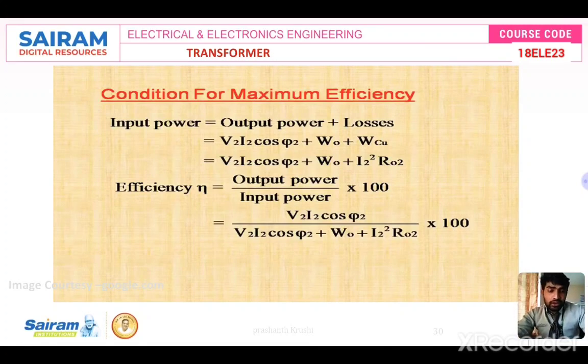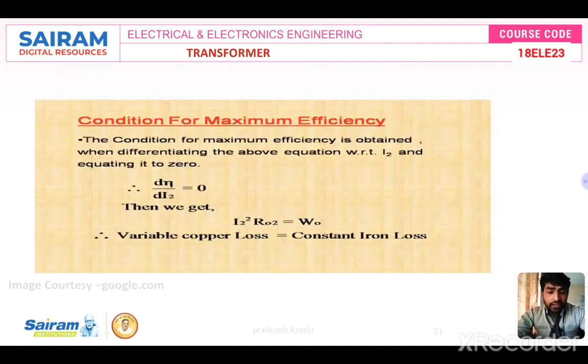You can take anything, it is possible to do the derivation. V2 I2 cos phi 2, W0 is iron loss and WCU is copper loss. Efficiency is output power by input power. I can write output power is V2 I2 cos phi 2 and input power is V2 I2 cos phi 2 plus W0 plus I2 square R02, into 100, right? And for the condition for maximum efficiency, which one is variable now? The current is variable, either it may be I1 or I2.